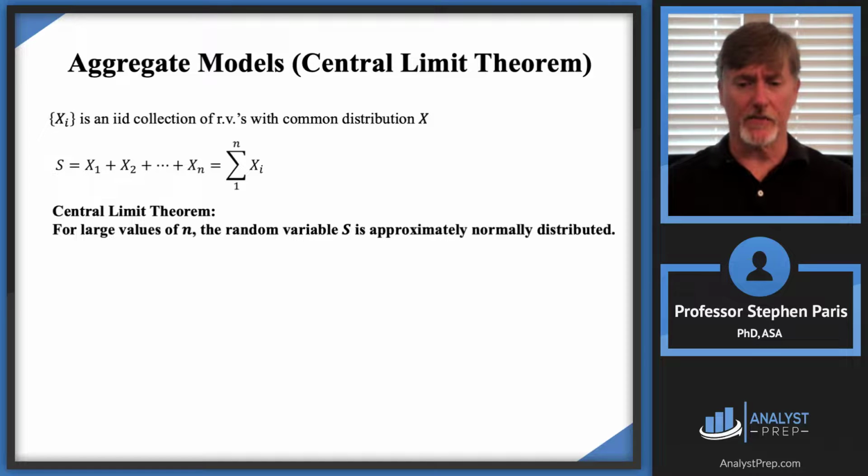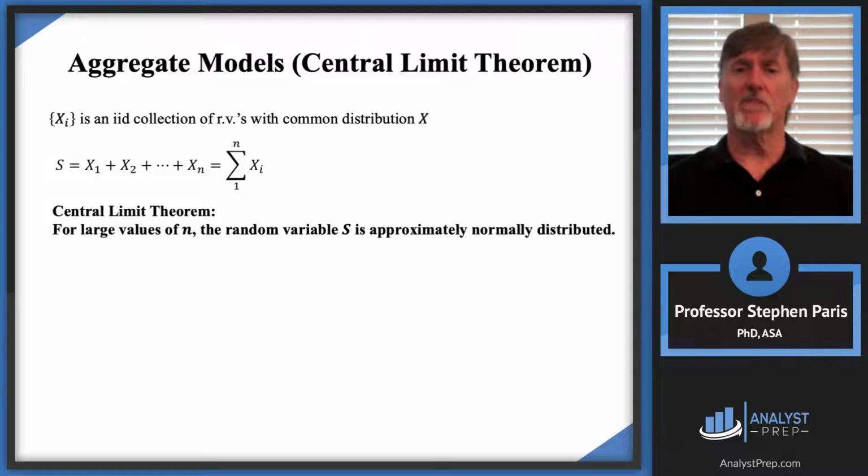The Central Limit Theorem says that if you have large values of n, so if you're adding up a bunch of these terms, then the sum is approximately normally distributed. That's a surprising fact to me, that the common distribution of capital X might be some other type, may not even be continuous. It might be a discrete distribution, just any type of distribution.